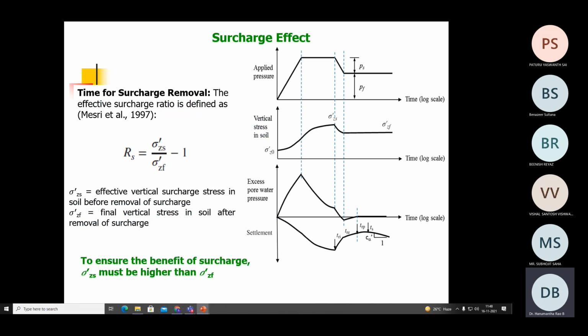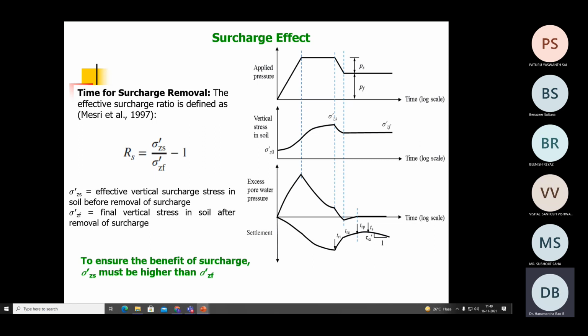Here you can see this can be understood in another sense. First, if you look at all these graphs, there are two periods: the period where we are applying the surcharge load, and the period where we are removing the surcharge load once we have ascertained that the soil has achieved the desired deformation or the desired degree of consolidation.